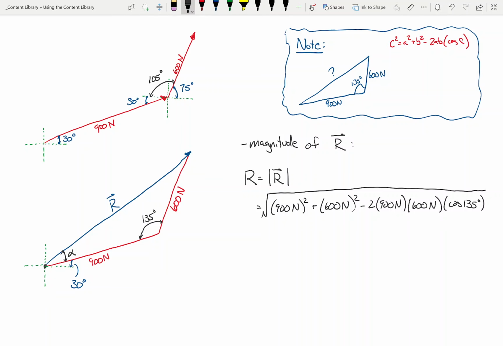Okay? That means we've got to break out the Casio FX-115ES Plus or a similar scientific calculator. All right? And what are we getting for the magnitude of R? I will say 2 decimal places for this.